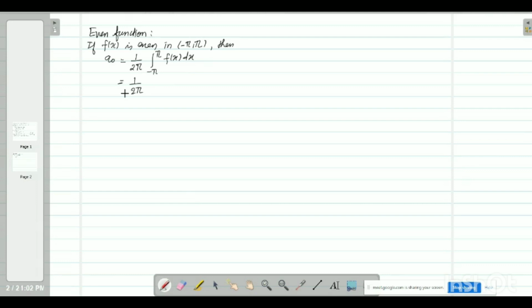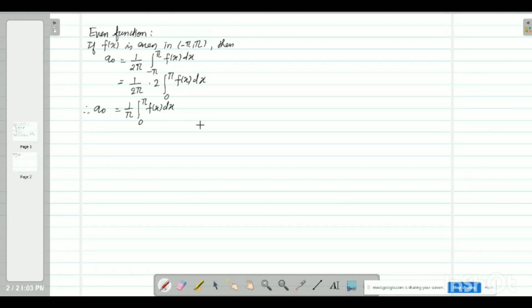So this function is written as what? 1 upon 2 pi into 2 times of integration of limit 0 to pi f of x dx. But write this in more simplified form: 1 upon pi integration of limit 0 to pi f of x dx. So your a naught will be what?